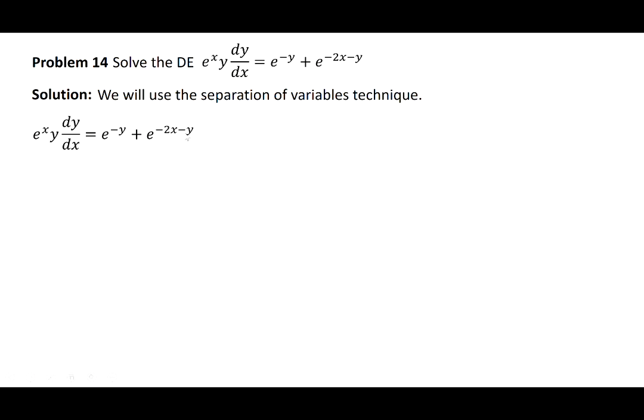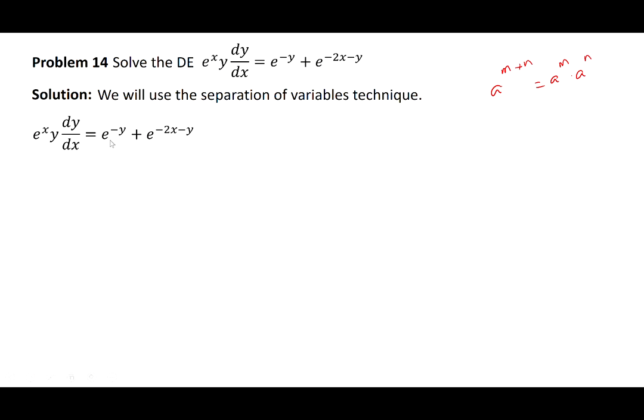Is a to the m plus n equal to a to the m times a to the n? Yep. So the second term is actually e to the negative 2x times e to the negative y.